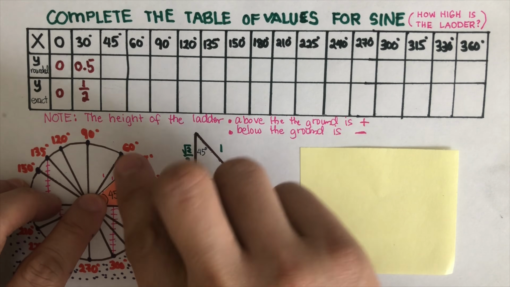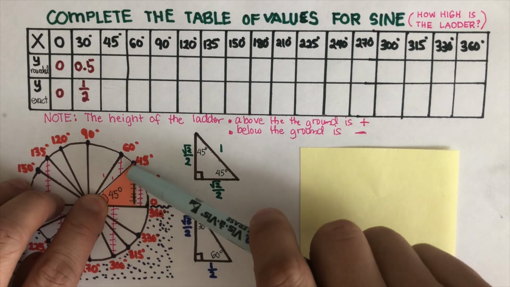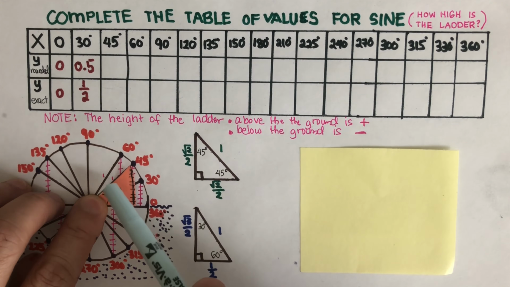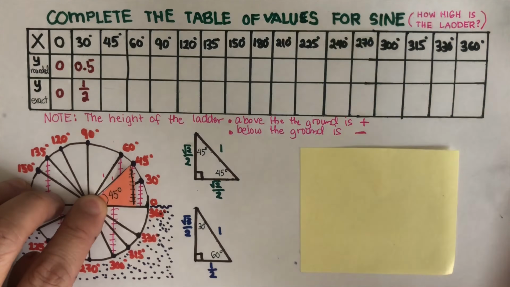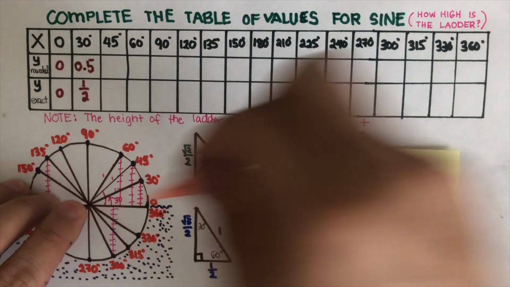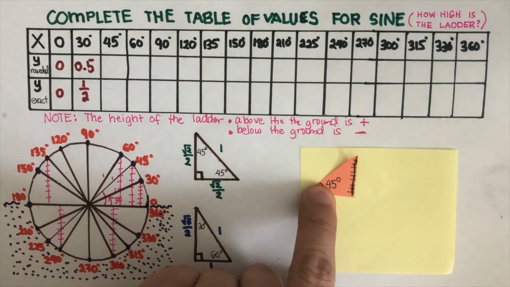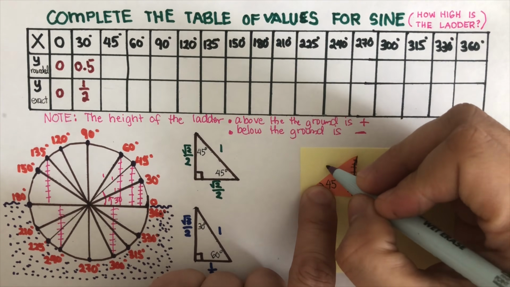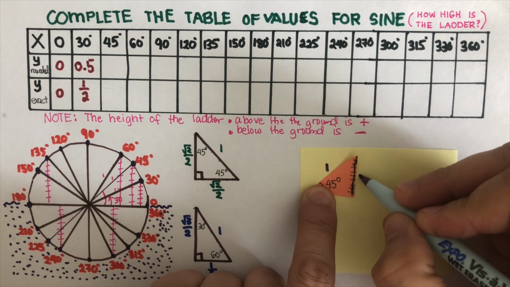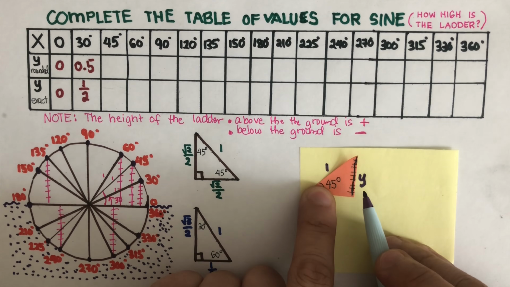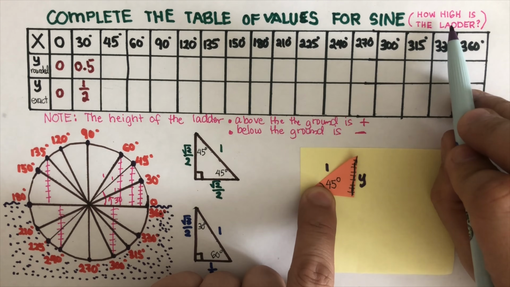So I put that in here, and then I got the 45. I labeled it. So this is the ladder that we need to determine. And again, the length of the rod that holds the seat is 1. So I'll put that in here, and let's label the parts. So first here would be 1, and this is our y. That's the one that we wanted to know, the height of the ladder.